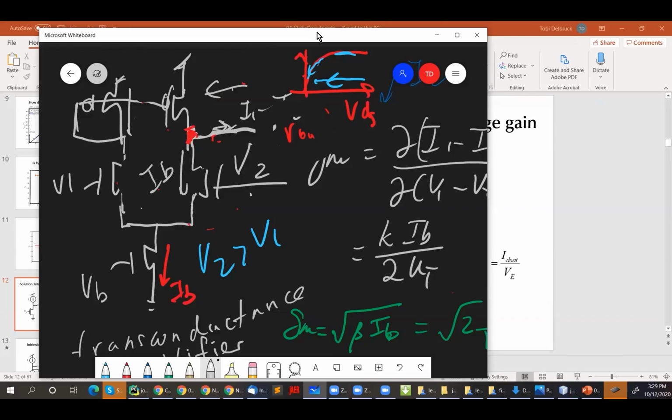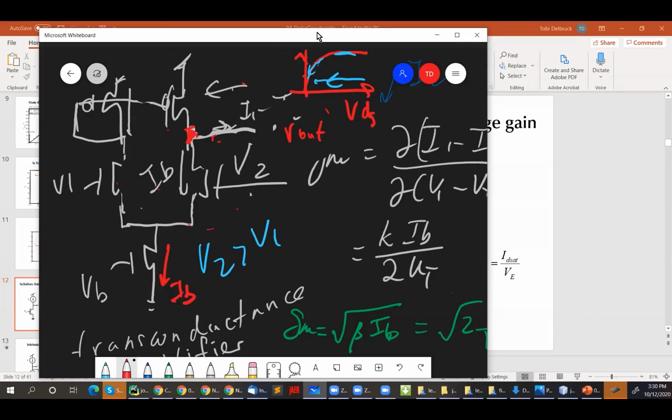Which is good, because now V out should decrease, because the current is going out this way. So I'm actually discharging the capacitor.